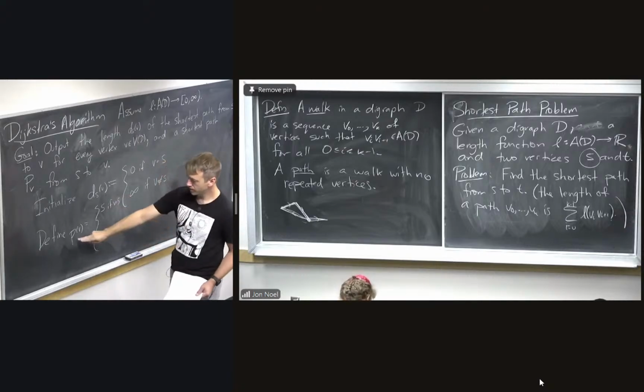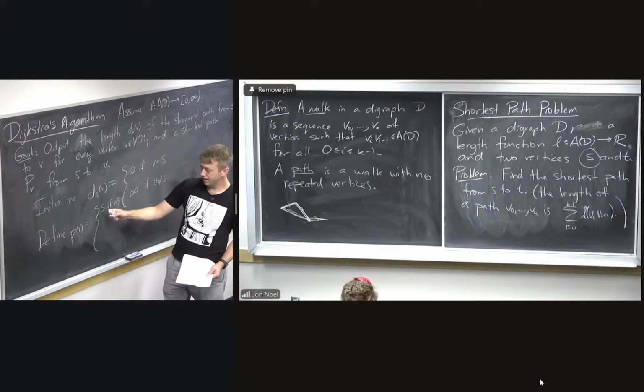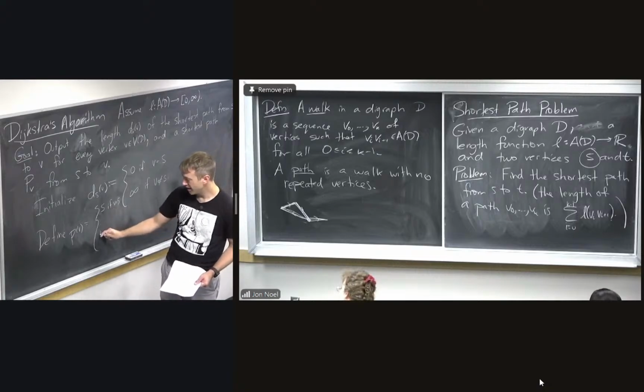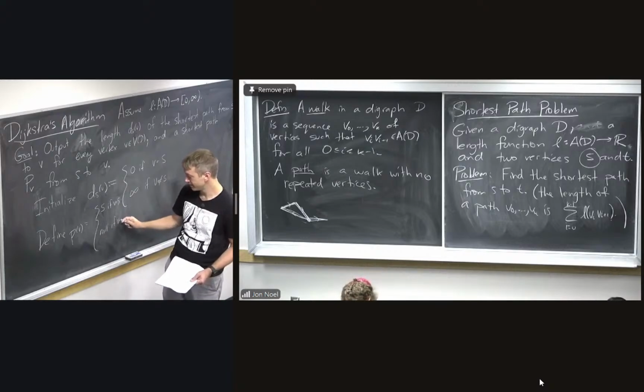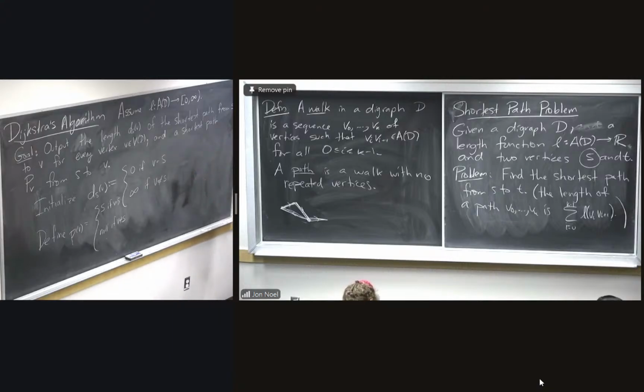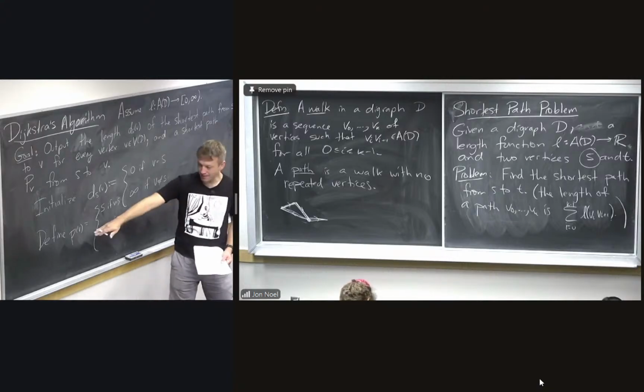This function p of v is going to be equal to s if v is equal to s, and I'm just going to call it null otherwise. And this is also going to be updated during the algorithm.